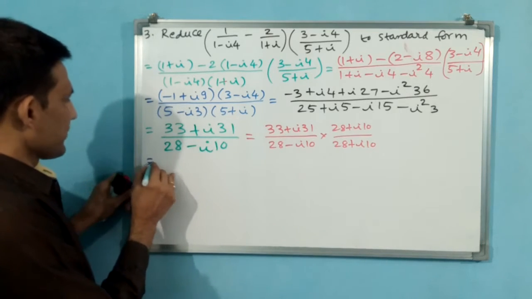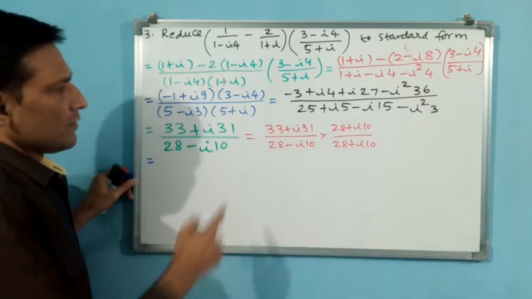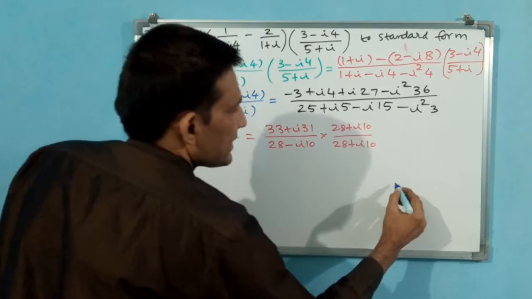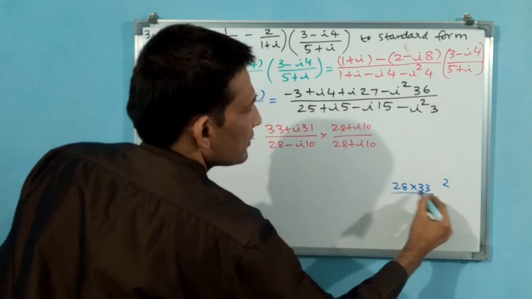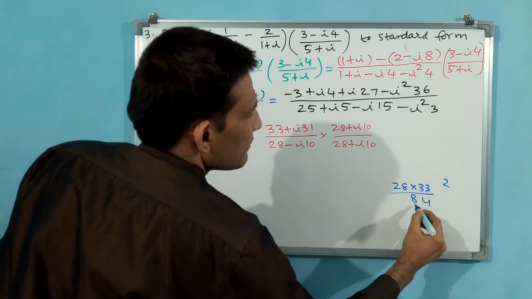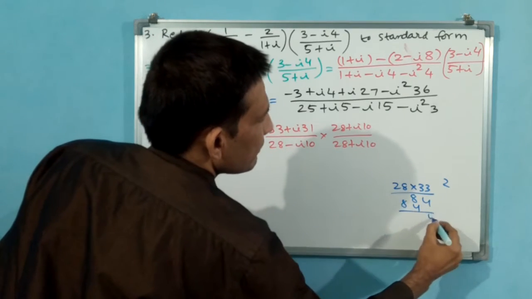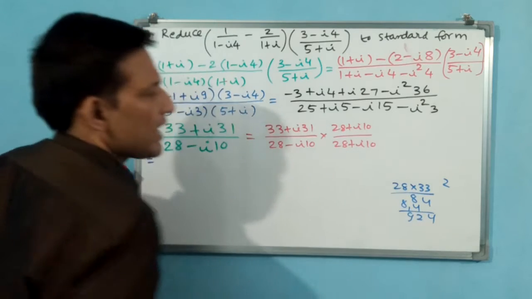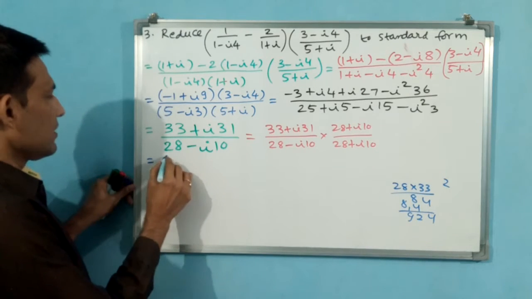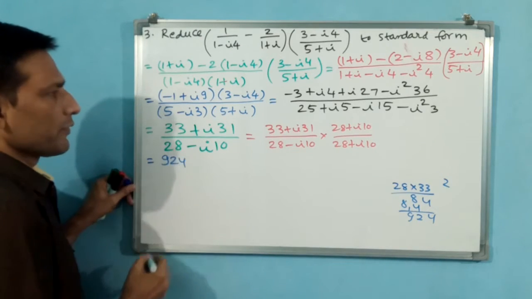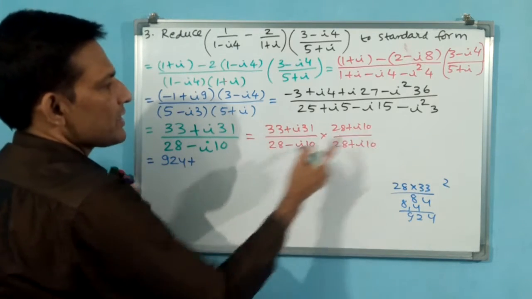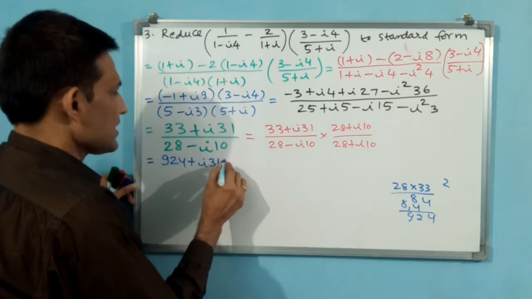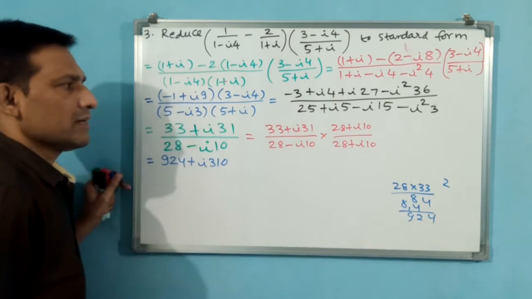Now we do here 33 into 28. 3 8s are 24, 3 2s are 6 plus 2, 8, 4 8, 4 12, 9, 924. Okay, all plus only. Now 33 into 10, 330. This is not difficult.